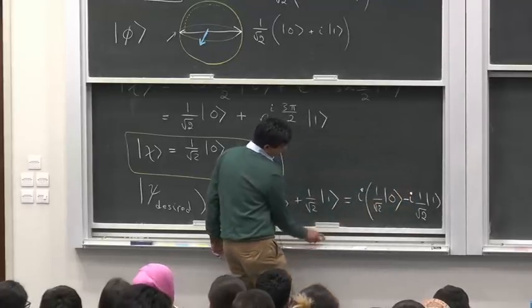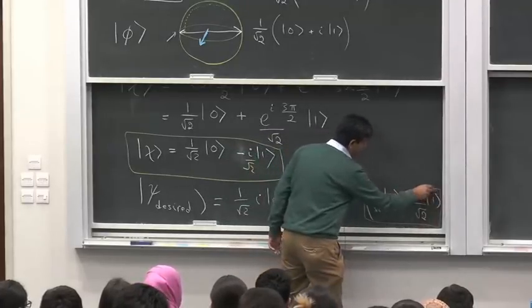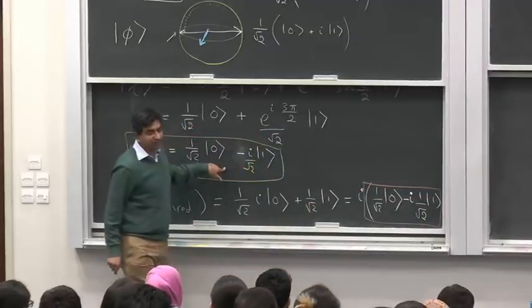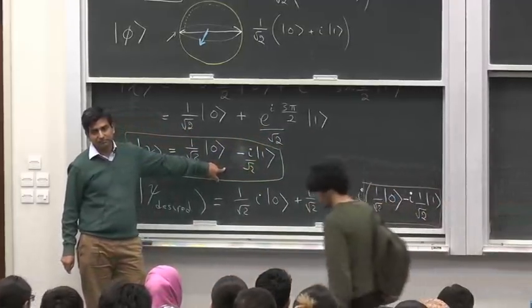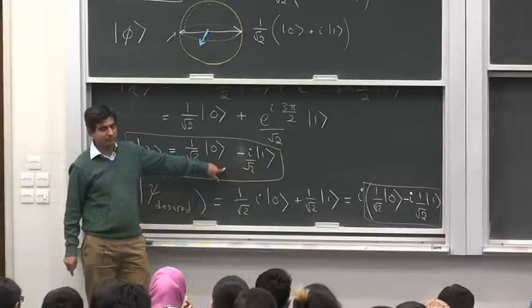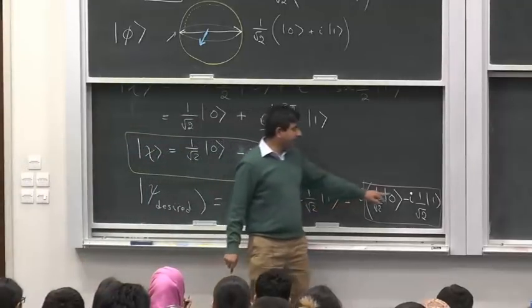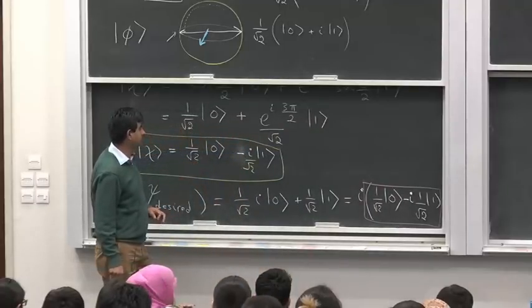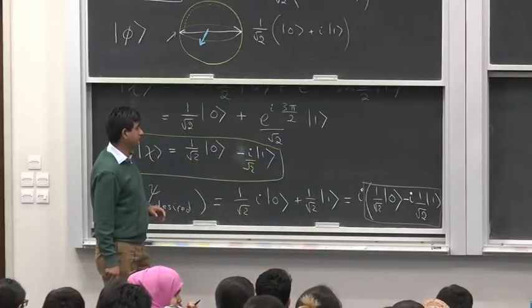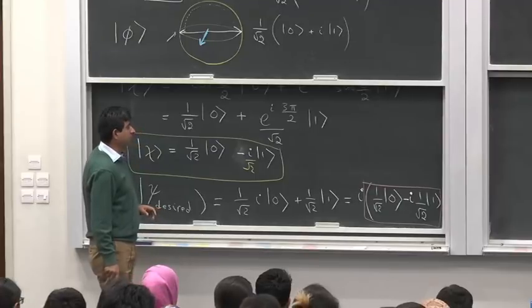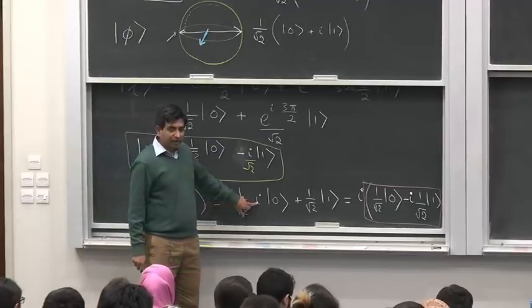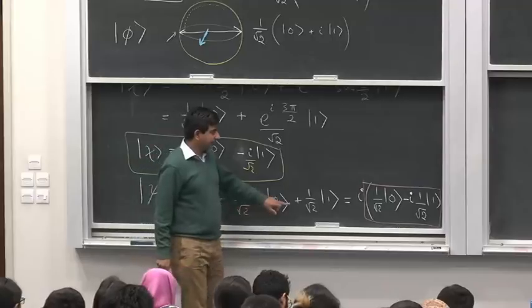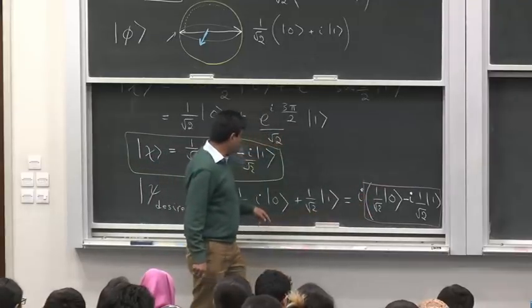Now this part is actually the same as this part. Iota into minus iota is plus. So I take iota out as a common. I get 1 over root 2 here.